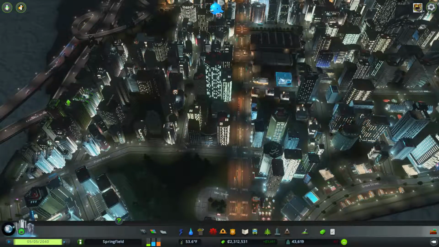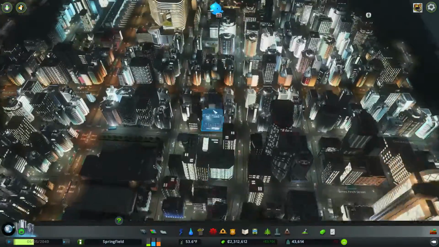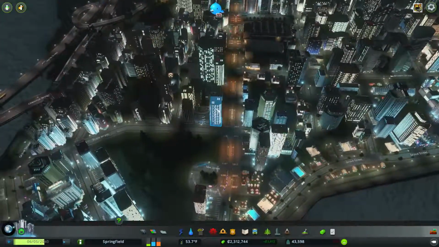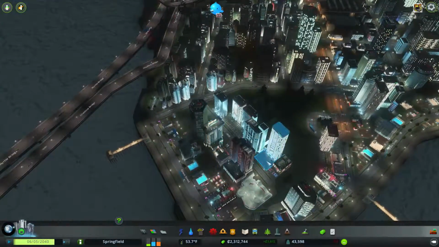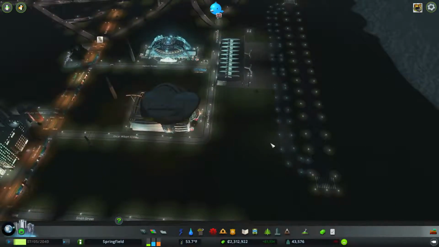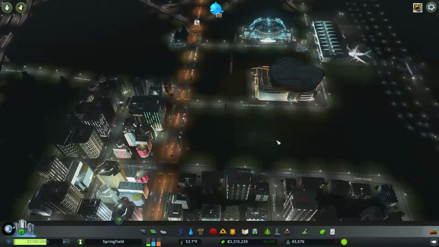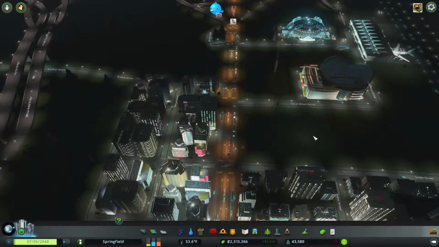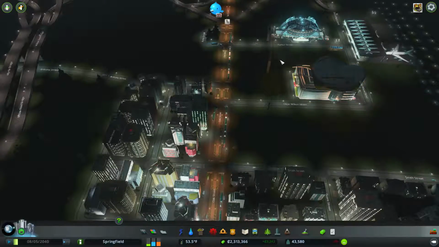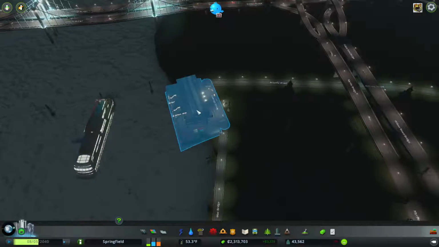So basically, to get more tourists, I think we would just have to zone more commercial tourism and probably put in a few more of the unique buildings. The other thing I probably should have done was put the tourism commercial zoning closer to the airport and closer to the seaport.